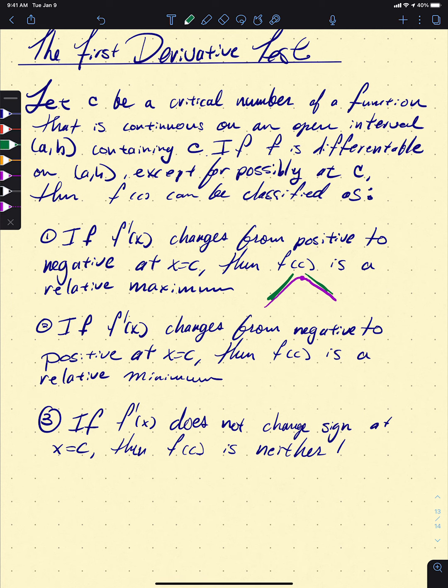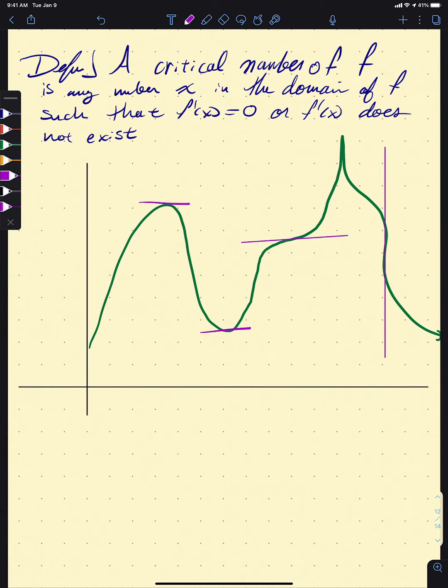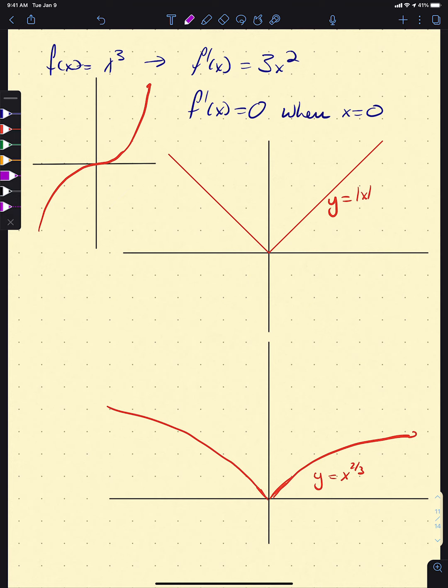Similarly, if our derivative goes from negative to positive, well then our function has a relative minimum, right? And if it does not change sign, well then f of c is neither, right? If it doesn't change sign, well then it's something like this: positive derivative here, positive derivative here.